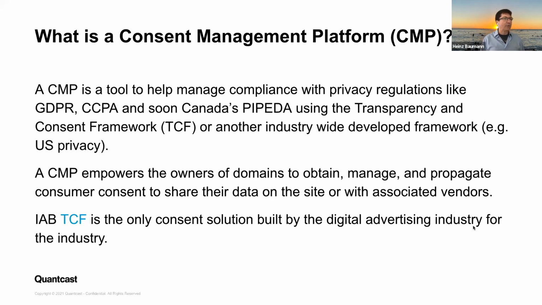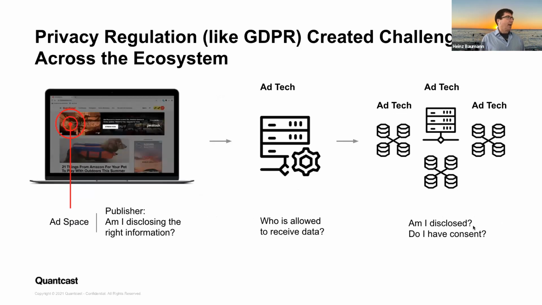In the digital advertising industry, the IAB TCF, the Transparency and Consent Framework, is the only consent solution that was built for the industry by the industry. Here is the high-level view, and I have another slide I'm going to show you in detail on how this actually works. You have a web page with an ad space. The publisher needs to figure out: am I disclosing the right information?